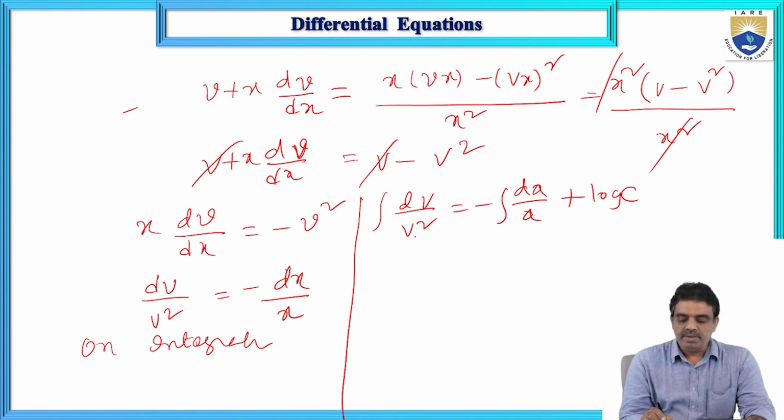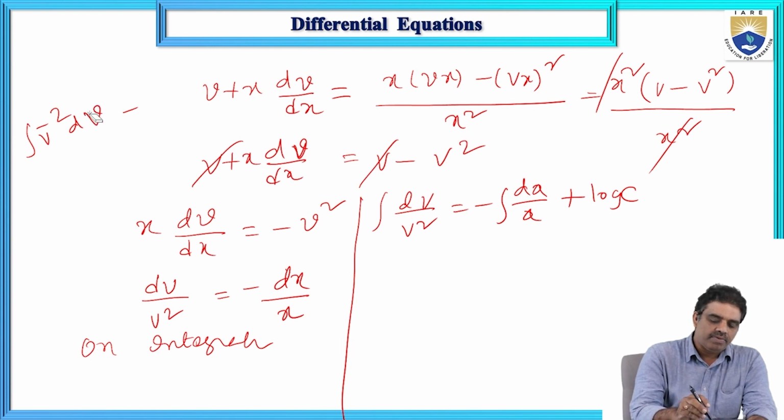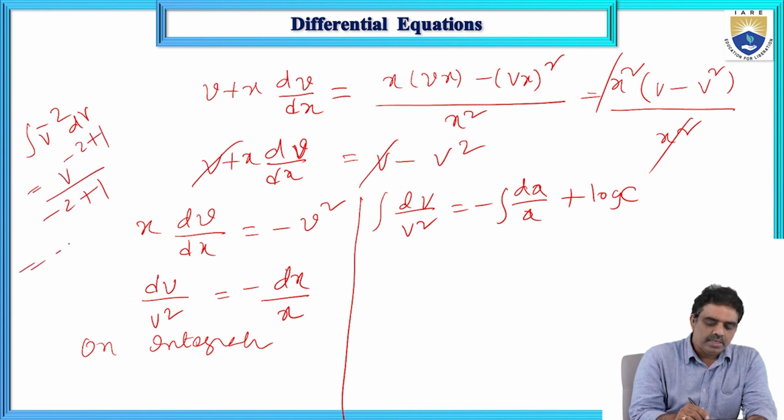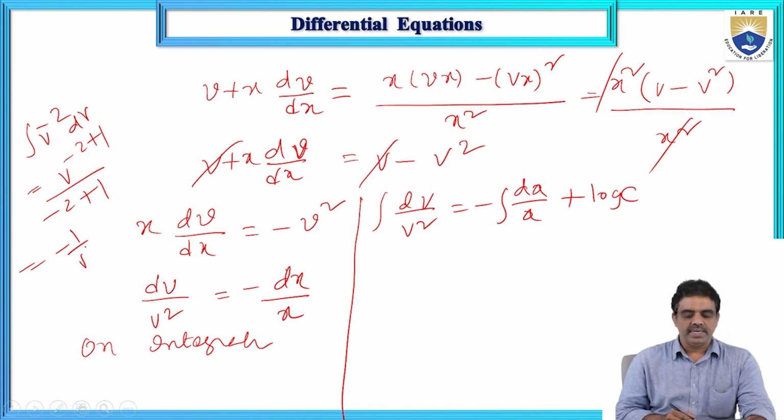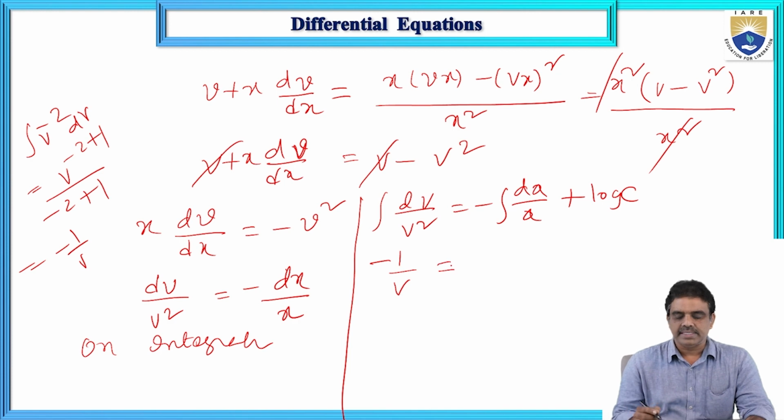So integral dv by v square is integral of v power minus 2 dv. What is the integration? V power minus 2 plus 1 by minus 2 plus 1, that is minus 1 by v. So this is minus 1 by v on the left hand side.